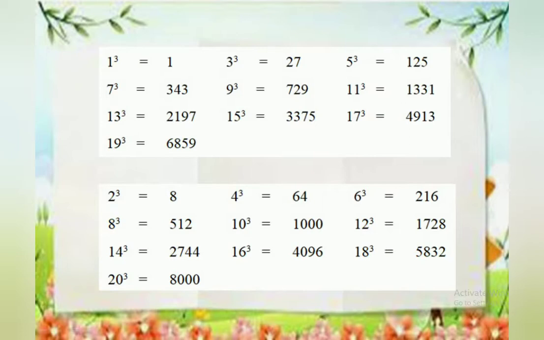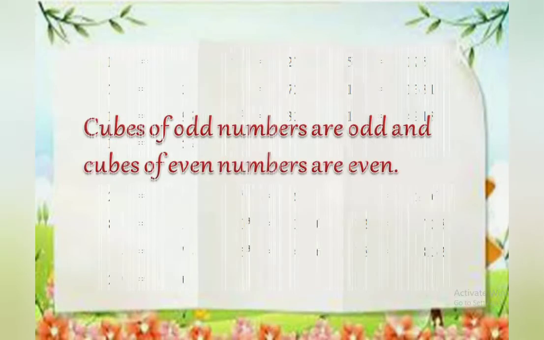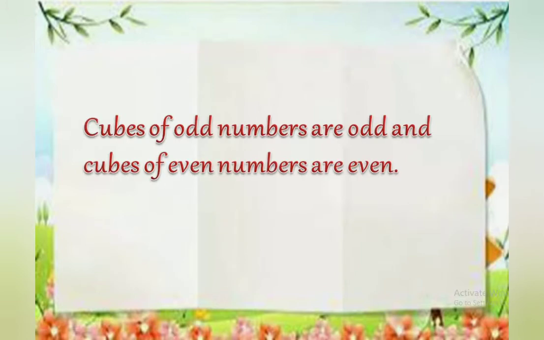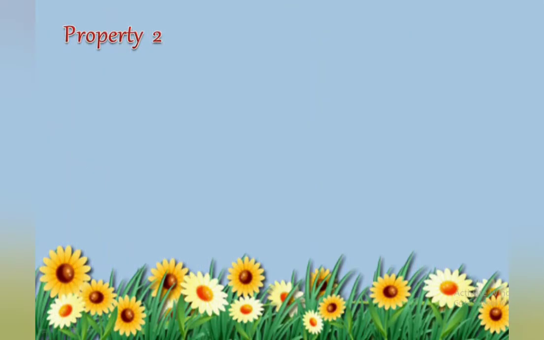Cubes of even numbers? Yeah, correct. Cubes of even numbers are also even. So, the first property is: cubes of odd numbers are odd and cubes of even numbers are even. Let's move to the next property.